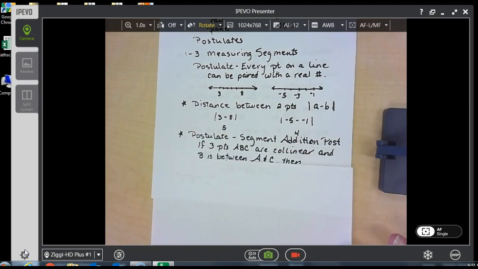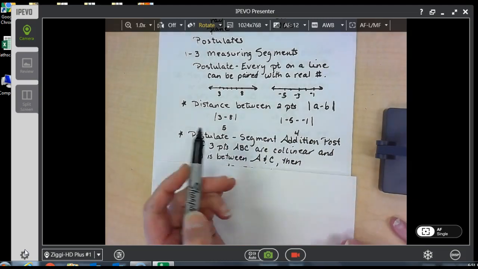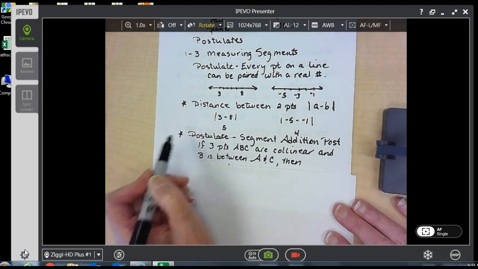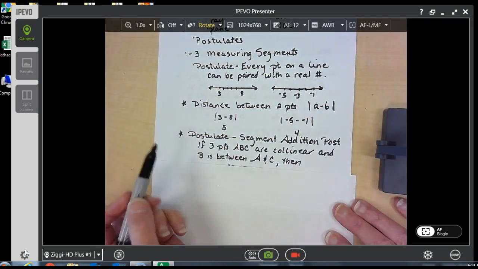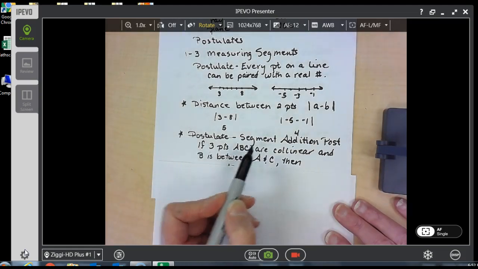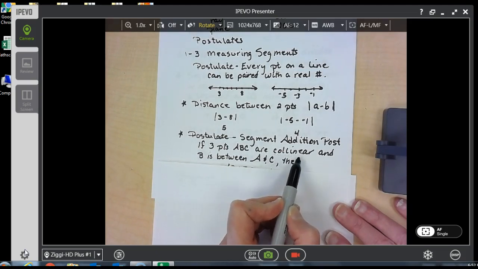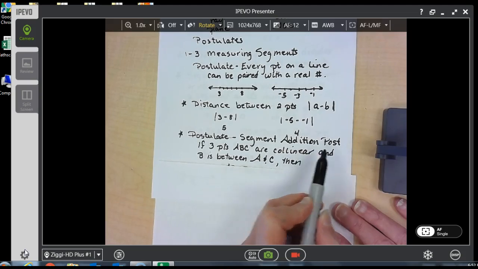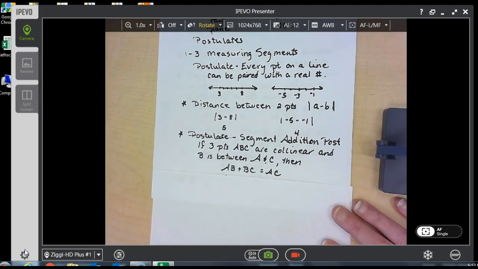Our next postulate is our segment addition postulate. You don't need to write this one down twice. You can just go segment addition postulate. And what it says, if 3 points A, B, C are collinear, again collinear in the same line, and B is between A and C, then AB plus BC is equal to AC.